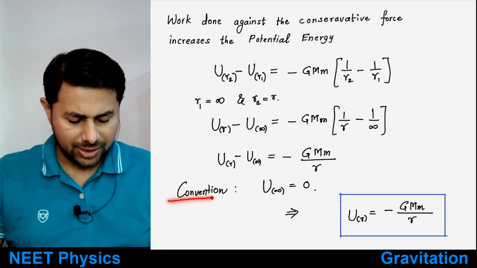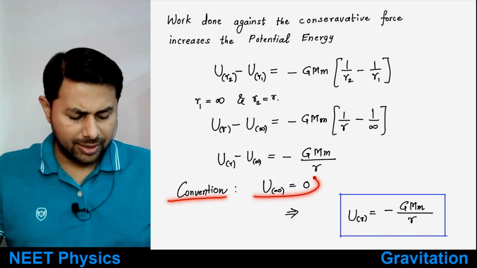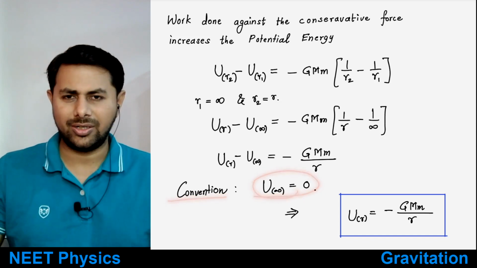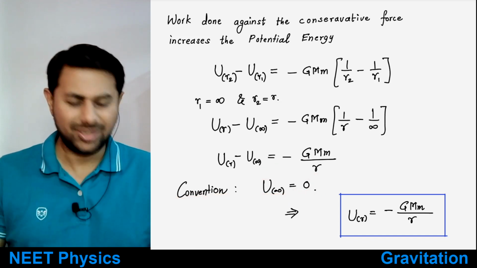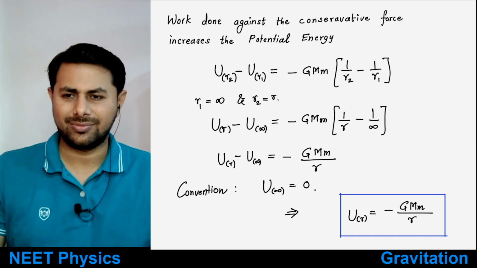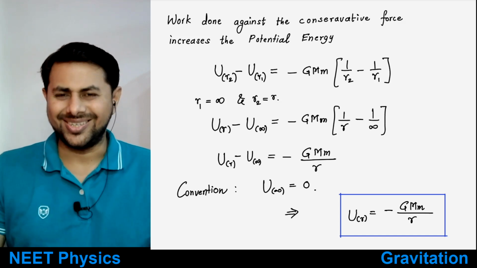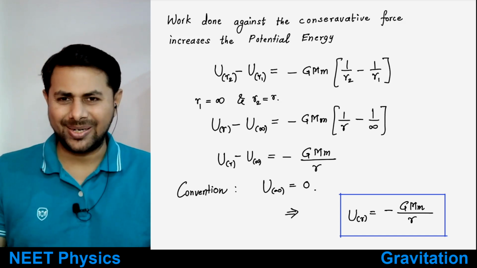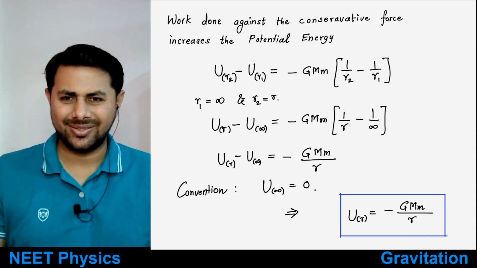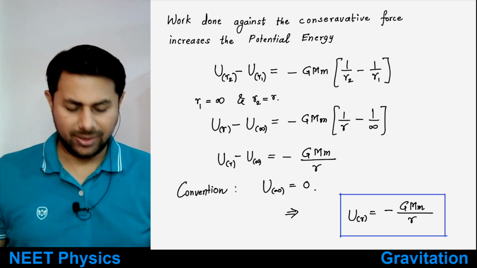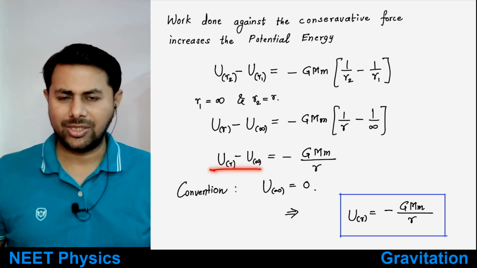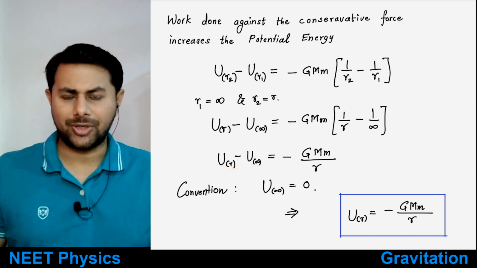For simplicity, we just say that the potential energy at infinity is equal to 0, and this is just a convention. What we can measure is the difference in potential energy and not the actual potential energy.